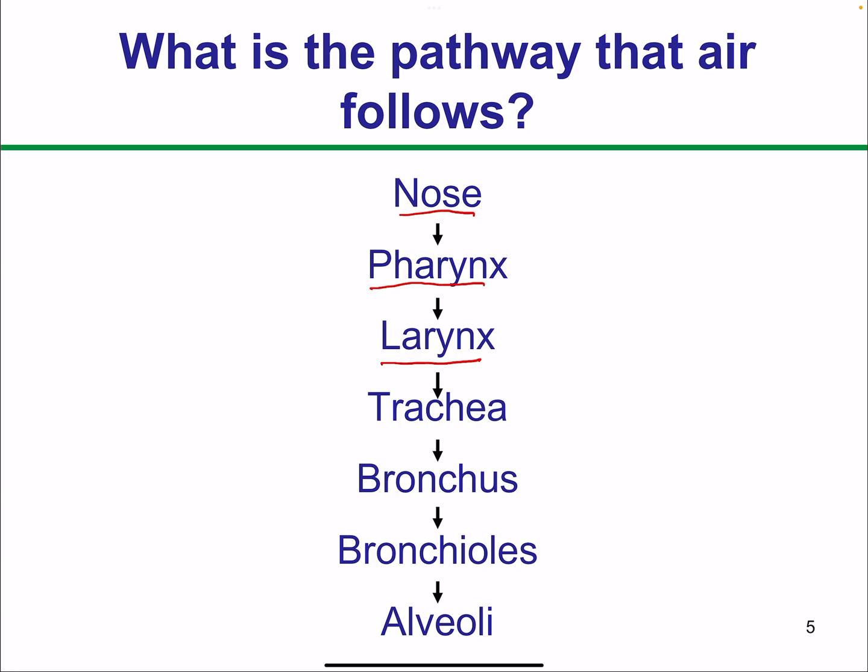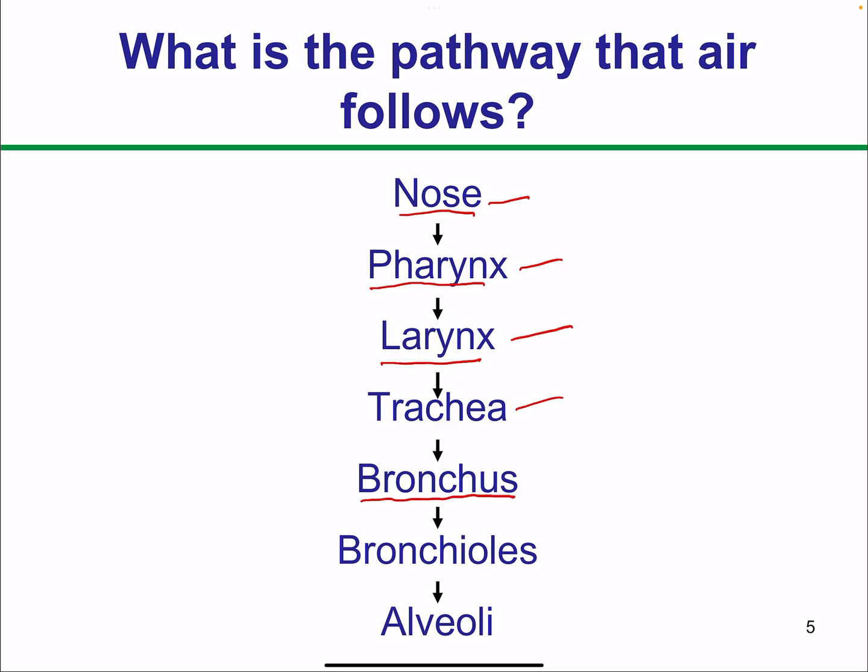So basically, you understand that from the nose, we go to the pharynx, to the larynx, then to the trachea or windpipe. And from the windpipe, we're going to have a division of the windpipe into bronchi, one bronchus, two bronchi.